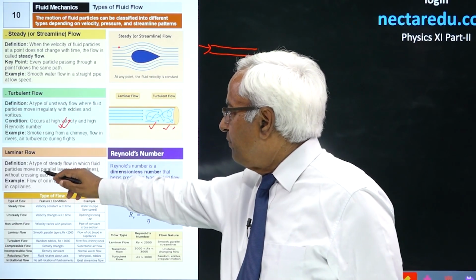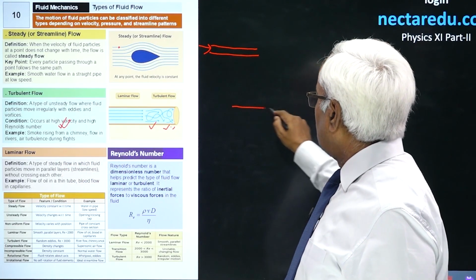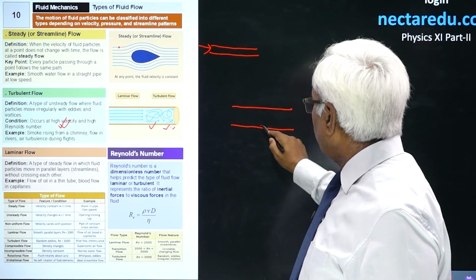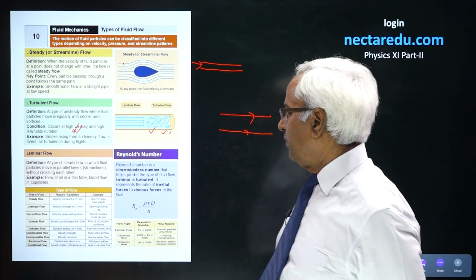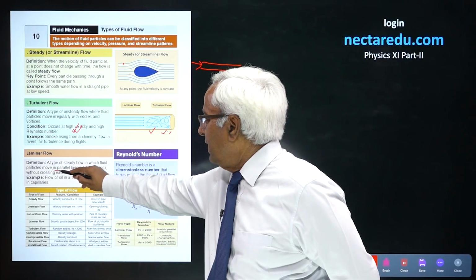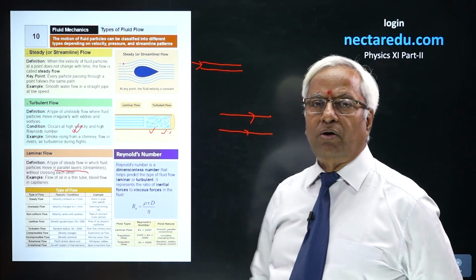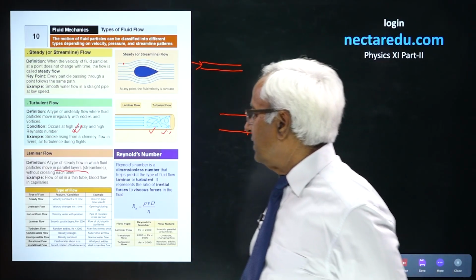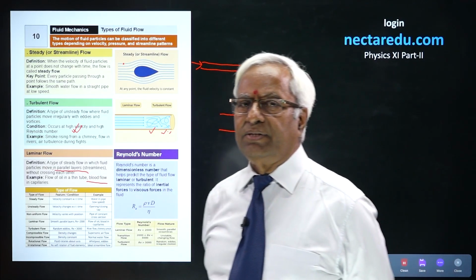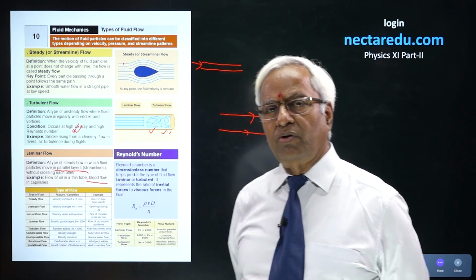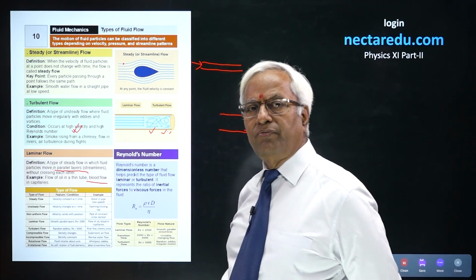In laminar flow, the flow is always parallel, in the form of parallel layers. Liquid will move in the form of parallel layers. Blood flow in capillaries inside the human body is also a very good example of laminar flow.